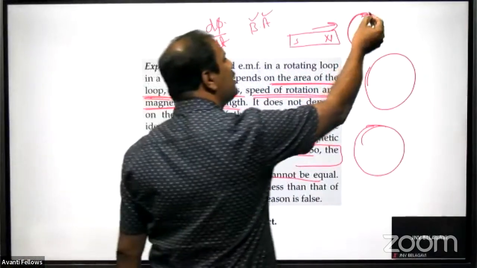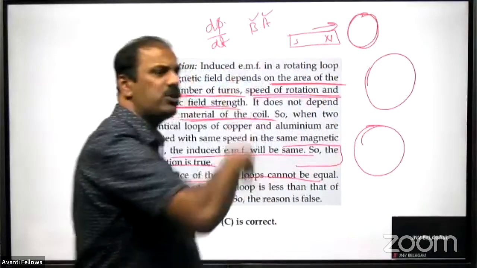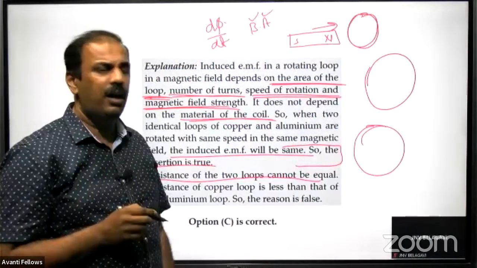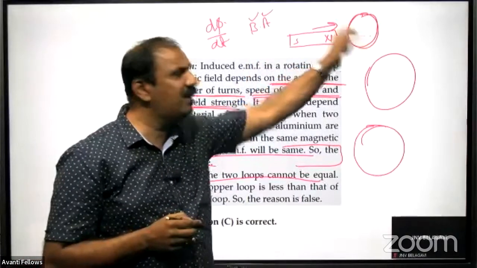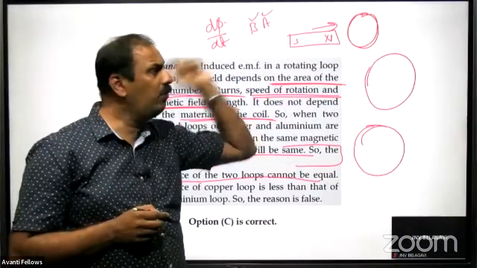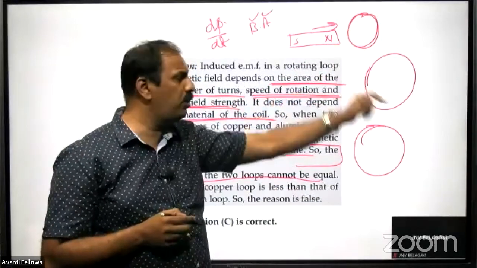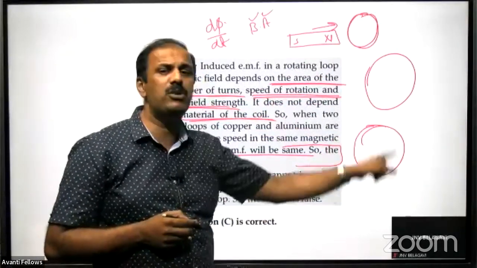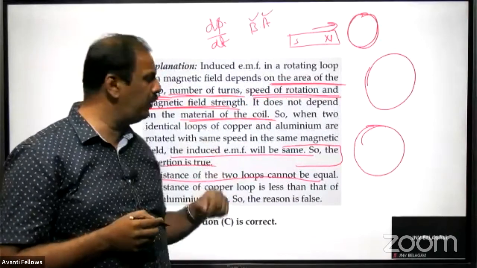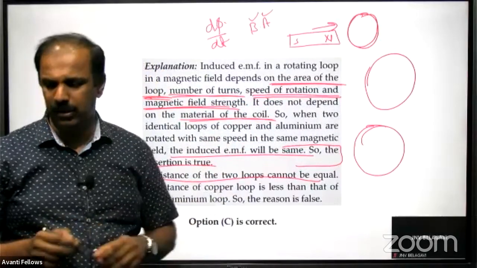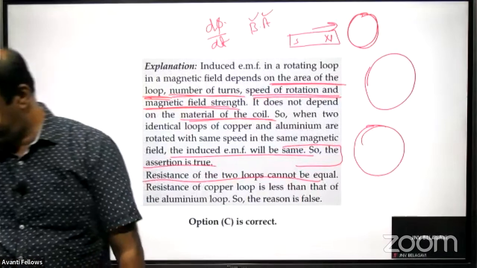Using Joule's heating effect, I square R T, this loop will get heated. So when we are discussing current, we discussed that there will be a current. That current depends on the resistance, but the induced EMF is independent of resistance. Okay, now we'll move to the next.